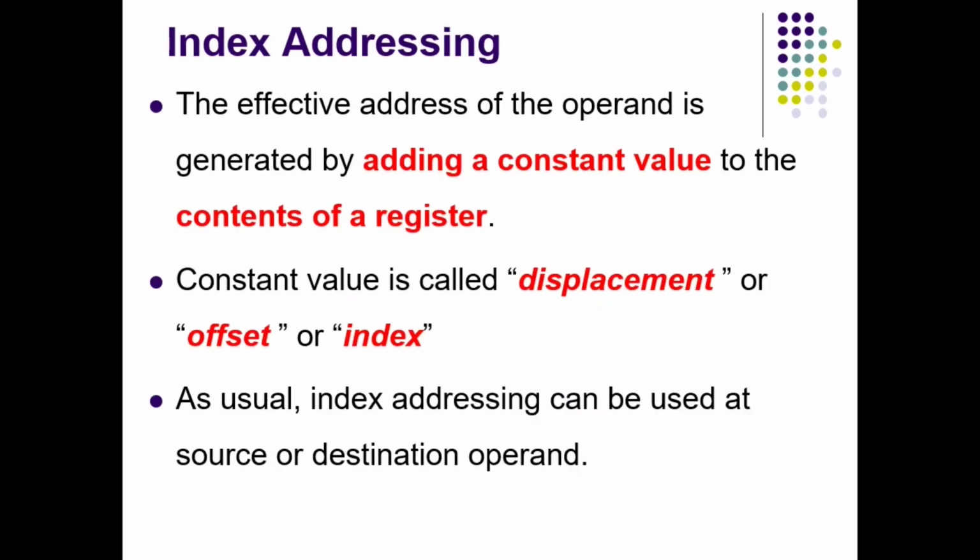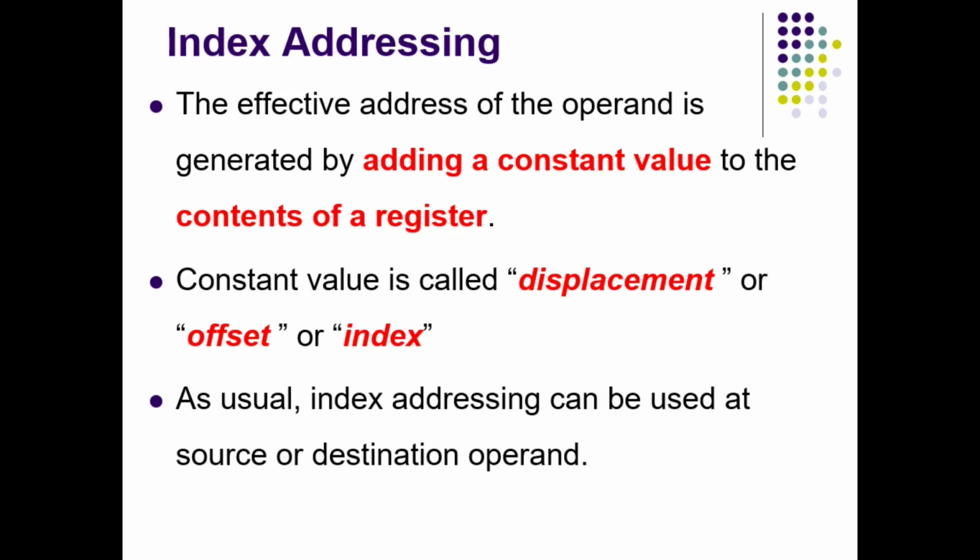Now we know what indirect addressing mode using a register is, where I store the effective address of a memory operand in a register and use that register in the instruction within the square brackets. Now index addressing mode is nothing but indirect addressing mode, where along with such a register we also use a constant value.